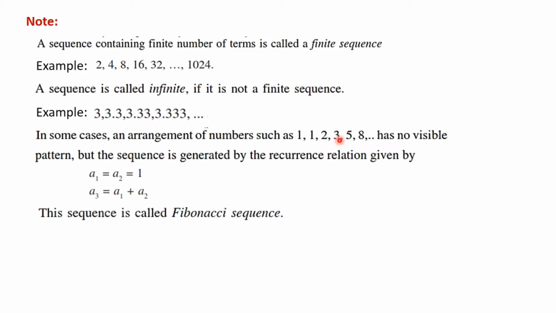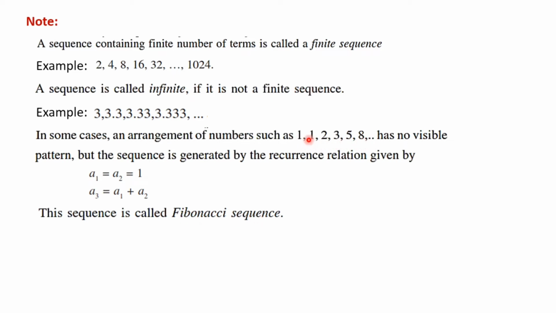Next 3 we are getting by adding the previous two terms. Means 2 plus 1 is 3. And next we are getting 5, adding 3 and 2, previous two terms adding them, we are getting 5. Next 8 we are getting, adding the previous two terms, so 3 and 5, we are getting 8. So such an arrangement is called Fibonacci sequence, 1, 1, 2, 3, 5, 8.